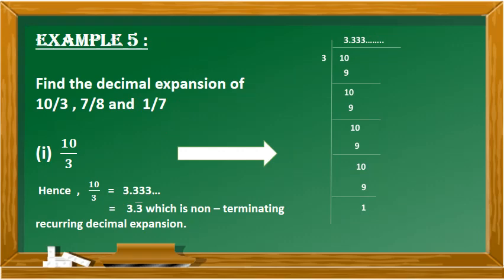Now, we will do example sums based on this. Example 5. Find the decimal expansion of 10 by 3, 7 by 8 and 1 by 7. First, 10 by 3. 10 divided by 3. Start dividing. 3 3s are 9. 10 minus 9, we get the remainder as 1.